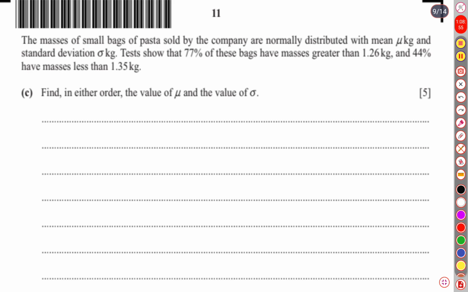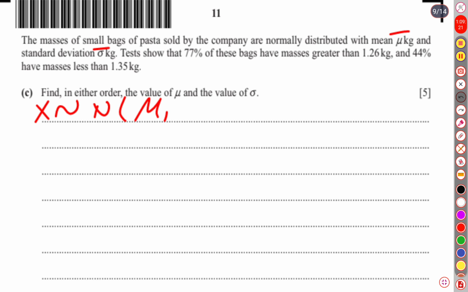So this is a different normal distribution, so we'll have to write the parameters again. X belongs to normal distribution where the parameters are mu and variance, so sigma square.